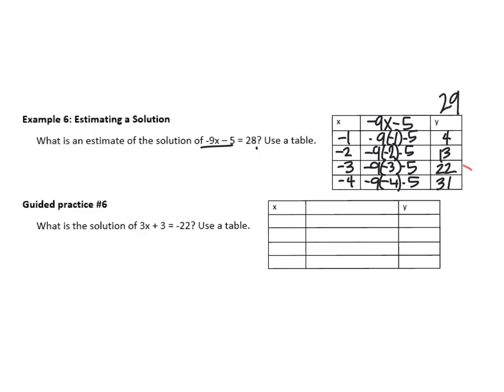Well, 28 falls somewhere between -3 and -4. 28 is closer to 31 than it is to 22. So my answer is going to be a decimal somewhere between -3 and -4. So we'll say x is greater than -4 and less than -3.